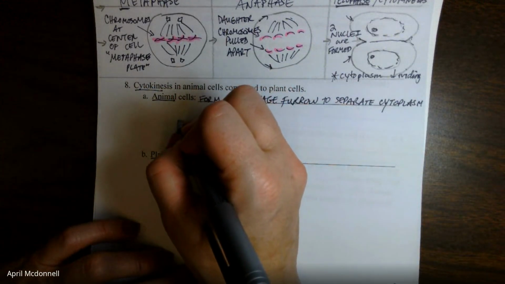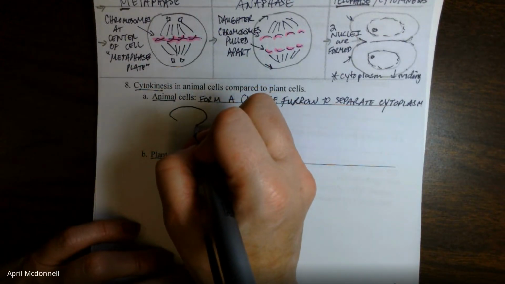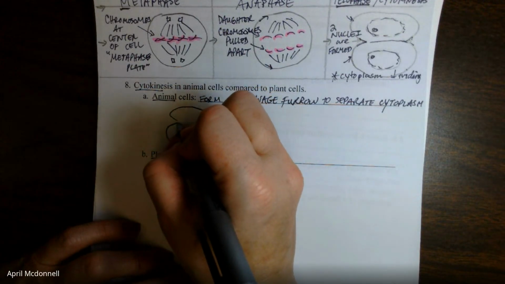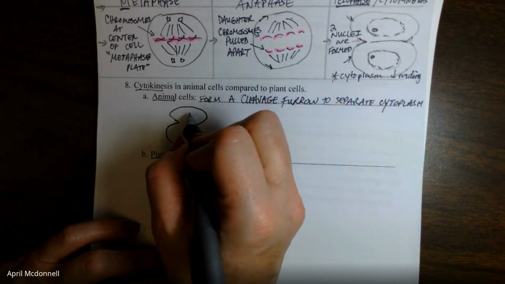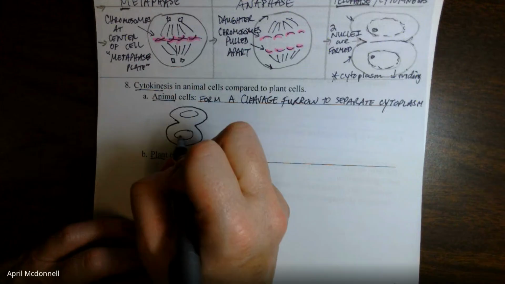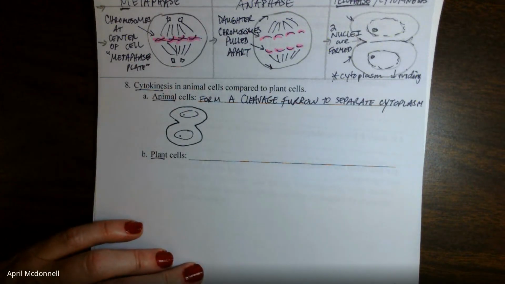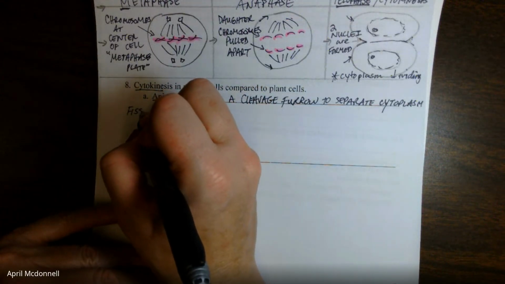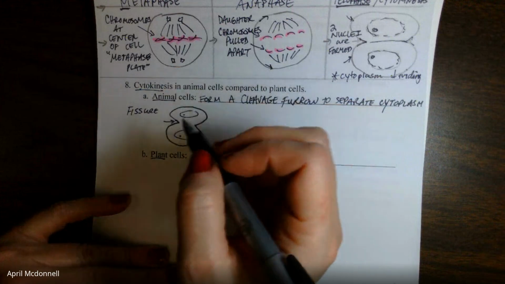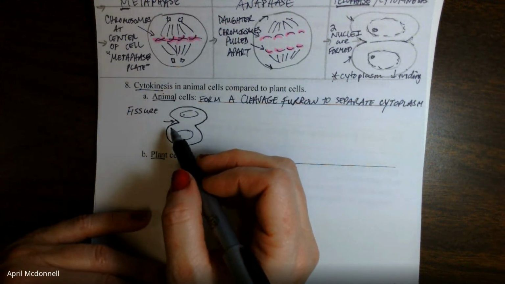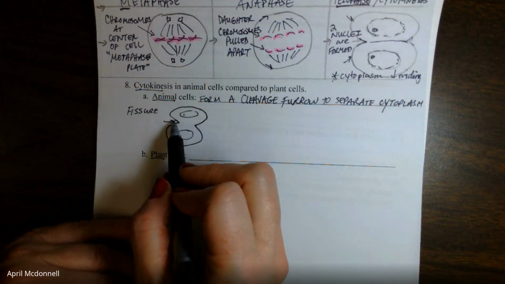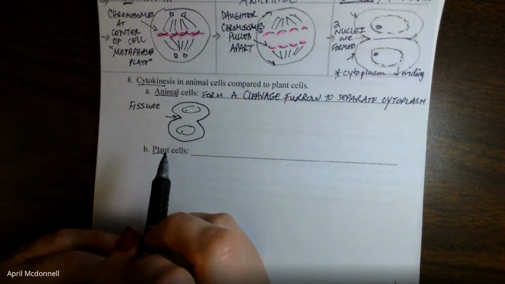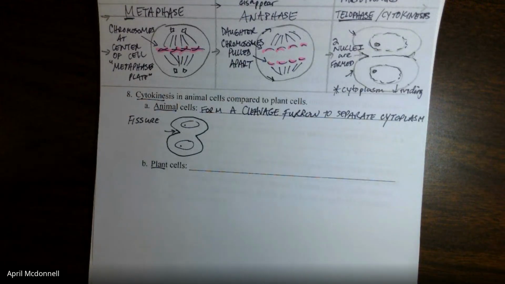So it kind of looks like this, just like the picture up above, like a figure 8. Here are the two nuclei and the two nucleoli. Here's that indentation, which is a fissure, formed in the cell by contractile proteins, kind of like how your muscles have contractile proteins to allow you to flex and extend your muscles.